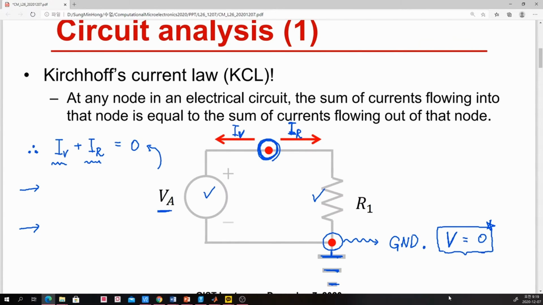That is quite straightforward. We are now talking about a circuit having circuit elements. So Kirchhoff's current law just says the node property. A node is a place where different elements are interacting with others.